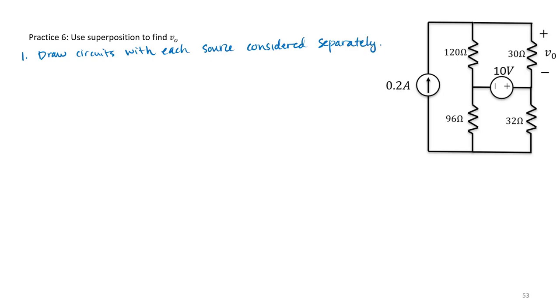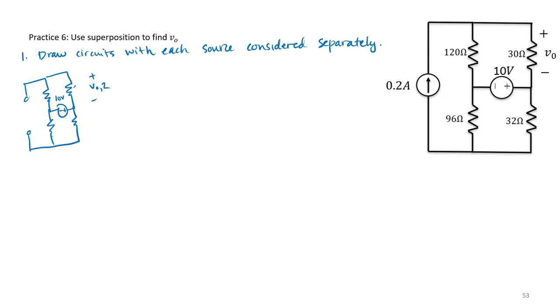So in this case, if we do that, we get the following. With our 10-volt source alone, I'm going to call this, in this case, V02.